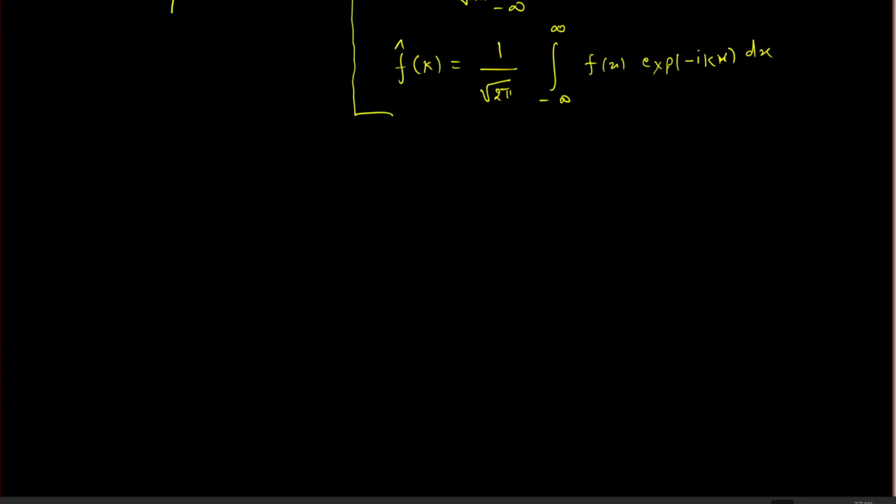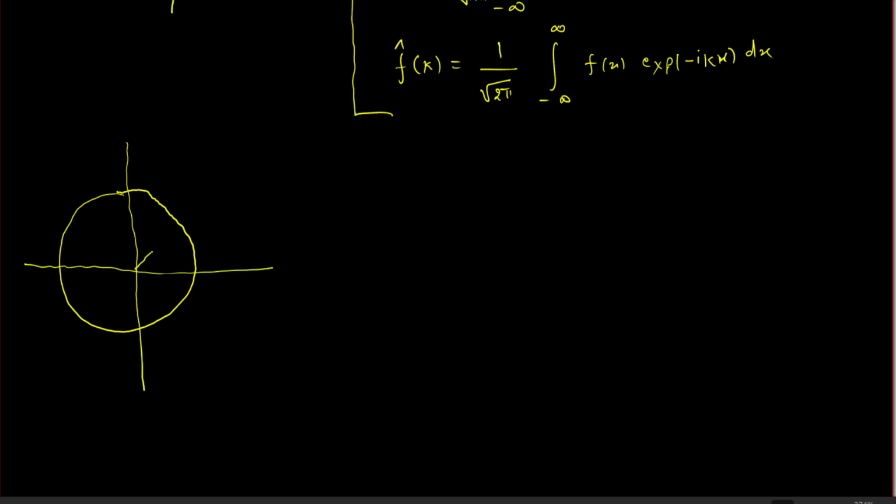Now consider, instead of the real line, a circle, and on this circle suppose we use angle theta as our coordinate.